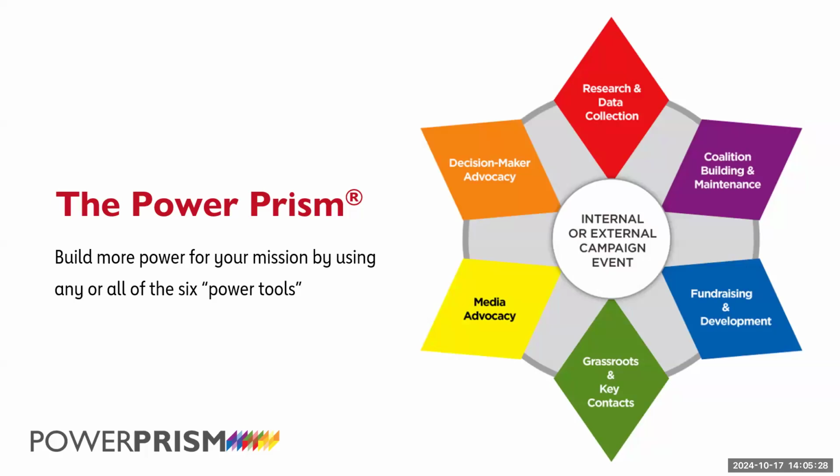And each of the power tools can help apply pressure to decision makers to reach our policy goals. So the 6 areas, real quick, to review: research and data collection, coalition building and maintenance, today's focus, fundraising and development, grassroots and key contacts, media advocacy, and decision maker advocacy.